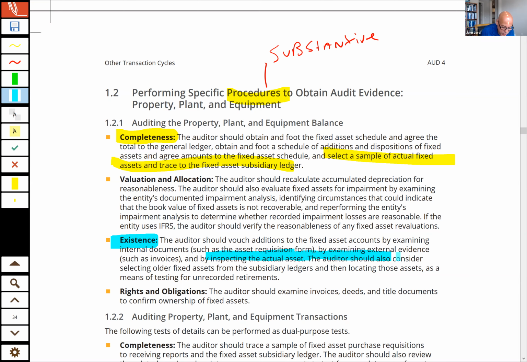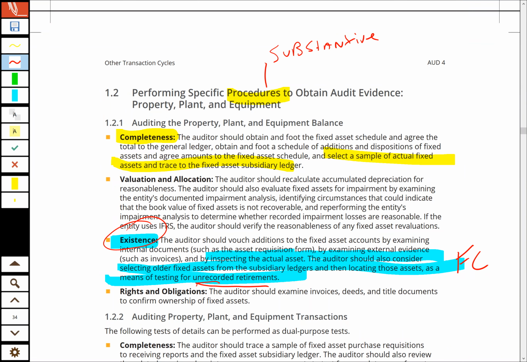The auditor should consider selecting older fixed assets from the subsidiary ledger and then locating those as a means of testing unrecorded retirements. Now, you know that we're talking about the existence assertion. But when we use the word unrecorded, what do you generally think about? Completeness. Completeness. If something isn't recorded that should have been recorded, then we have a completeness issue.